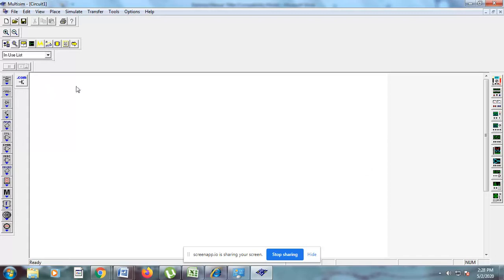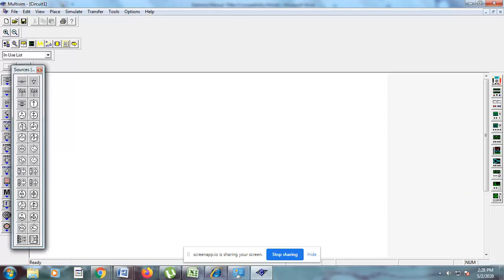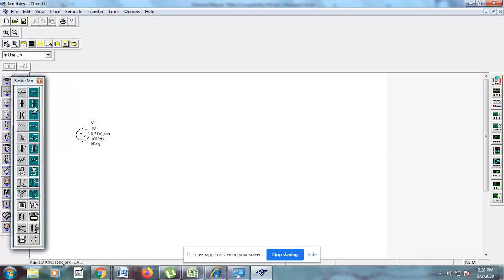Okay. So first we select a voltage source, AC voltage source. Then we select a virtual resistor. Virtual resistor means we can change its range or value, and next we select a virtual capacitor.